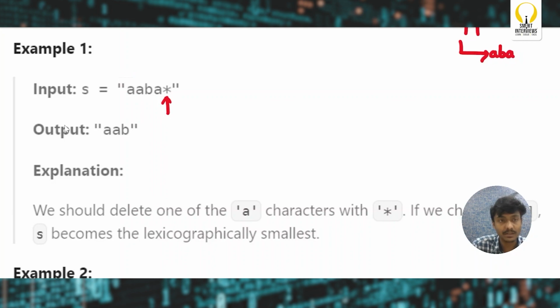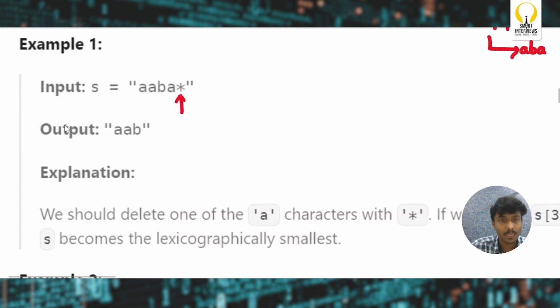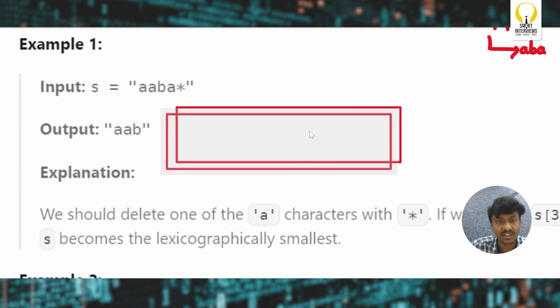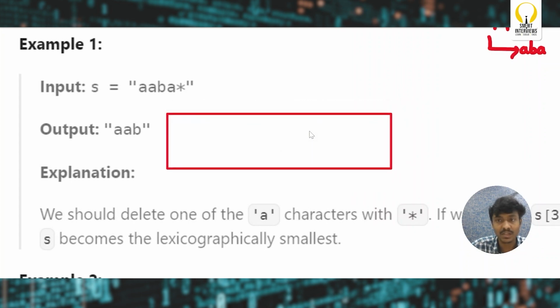Now, before going to this character, I will assume some data structure. Let's come to this data structure at the end. So when I find this A, I will put A in this data structure. And when I find this A, of course I'm going to put this in the data structure.